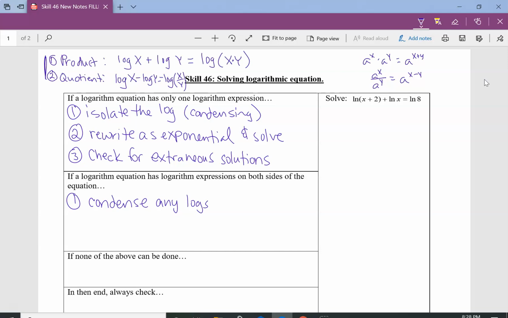So condense any logs that are needed. And again, that's using these properties up here. Step 2 is going to be to exponentiate both sides. And you're going to do that by using whatever your log's base is.